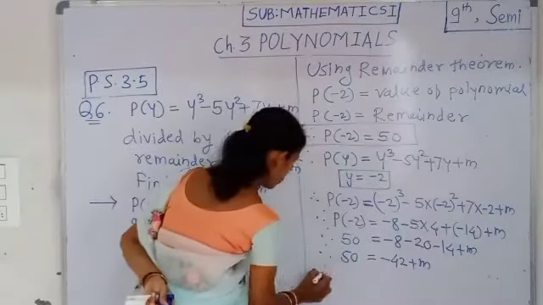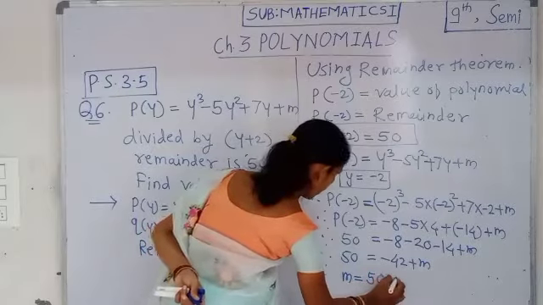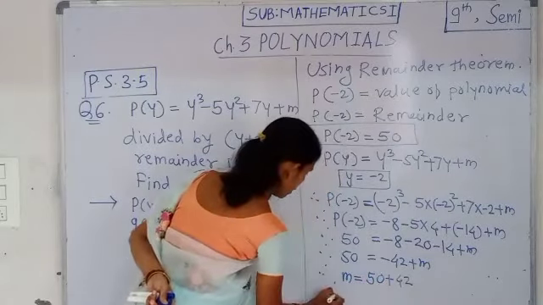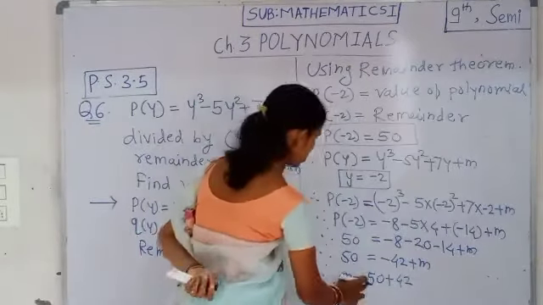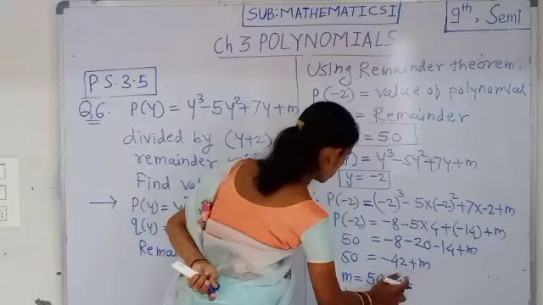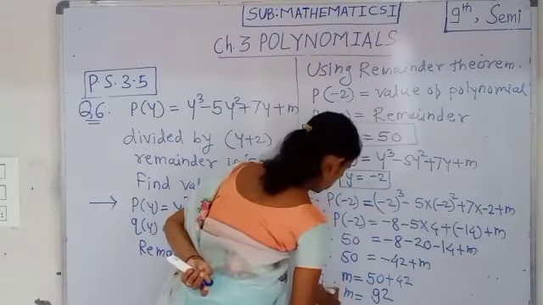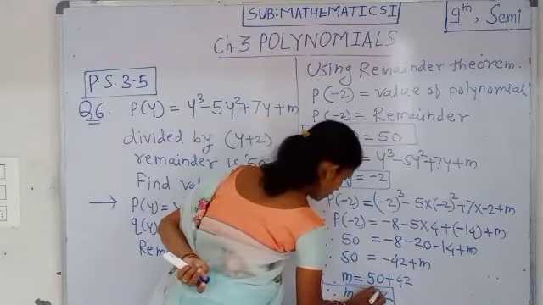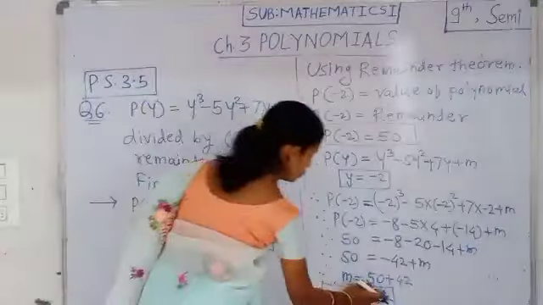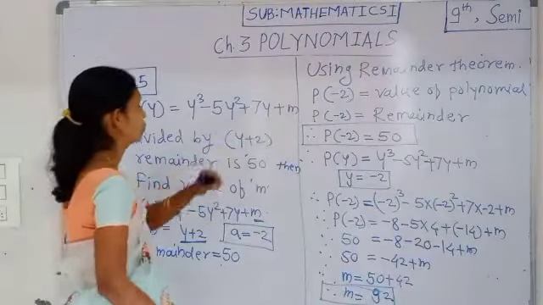And therefore, here m is equal to 50 plus 42, that is 92. Therefore, in the polynomial, the value of m is 92.